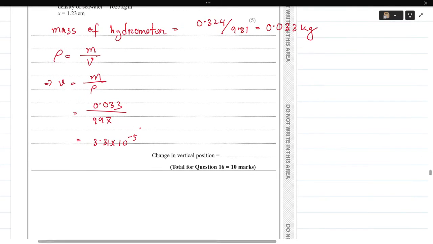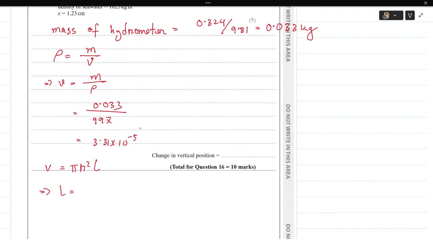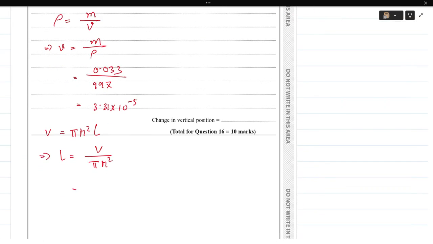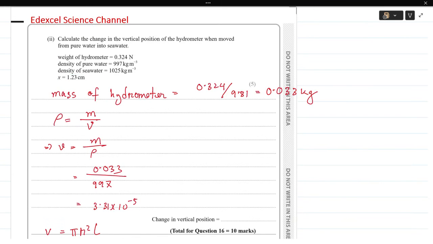That is why it should tell us that we have to use the volume of the hydrometer, which should be pi r squared L. From here we can find out L. So V divided by pi r squared. So 3.31 times 10 to the power minus 5 divided by pi, and the radius would be half of this.